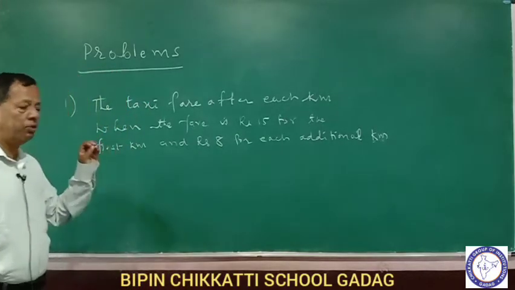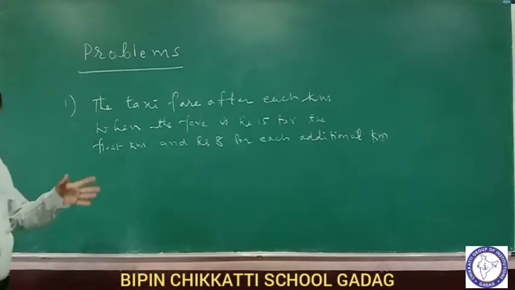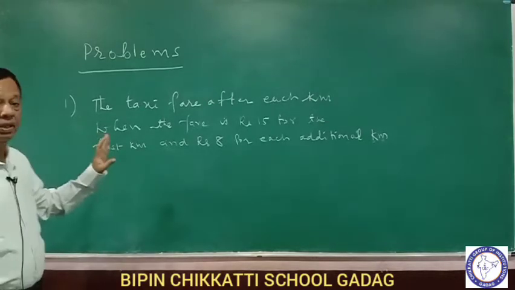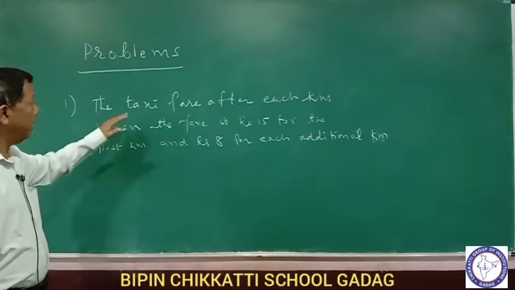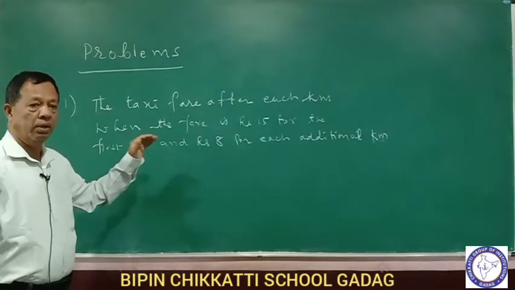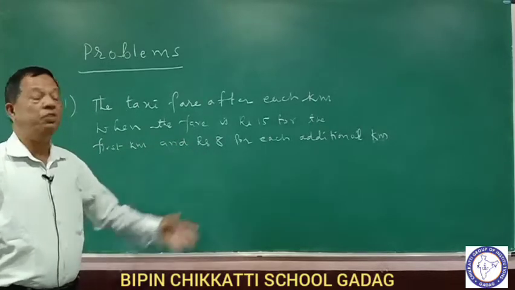So here one situation is given. The numbers are given indirectly in terms of taxi fare. So what is the taxi fare after each kilometer? See, for each kilometer it is changing.